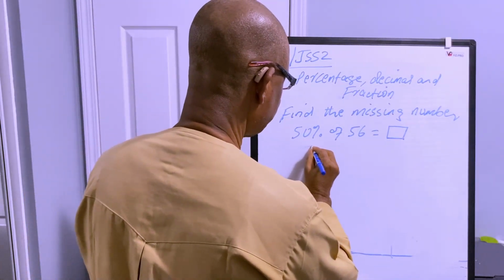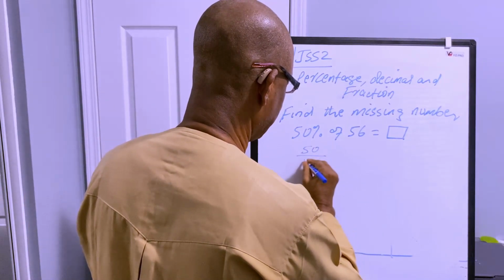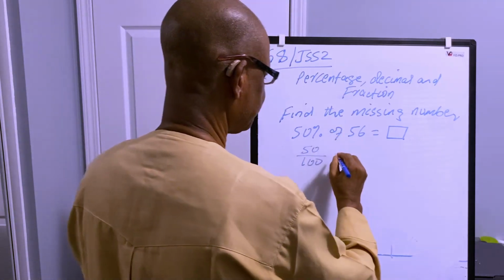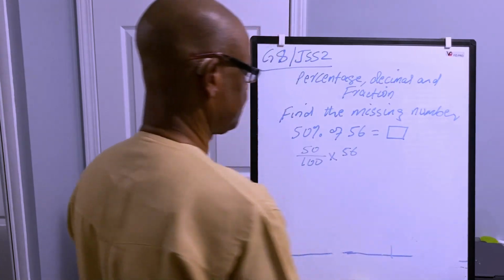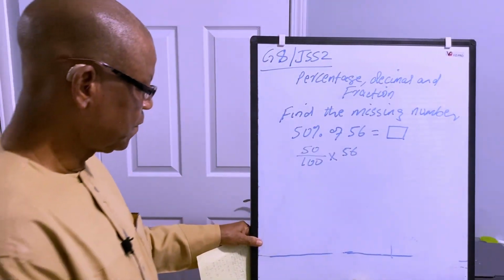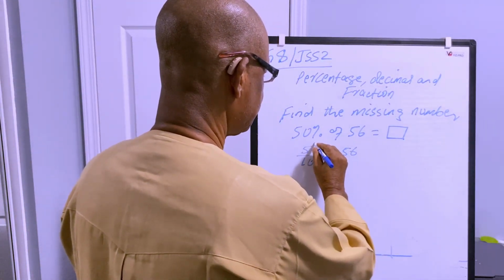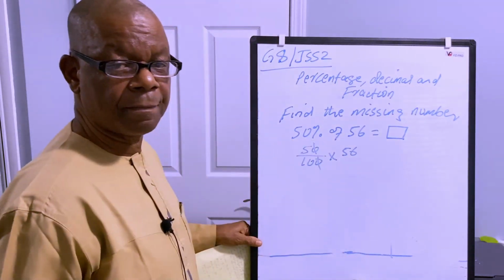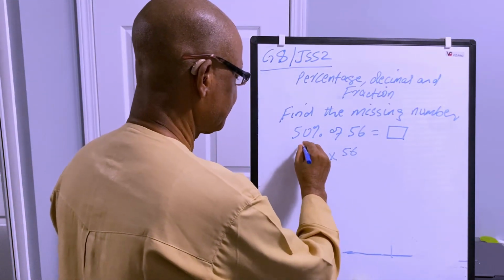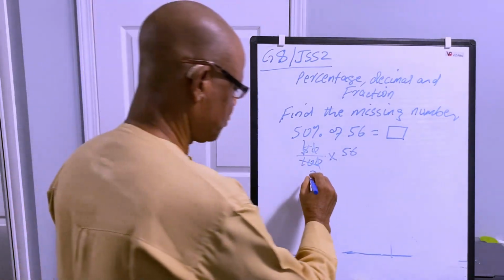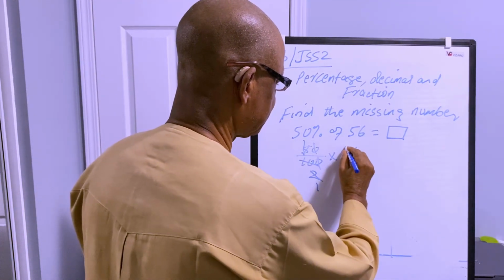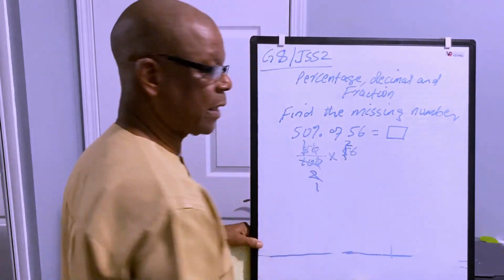We now say 50%, as I told you, is 50 over 100. Of is times 56. We simplify, 0 cancels 0. 5 here 1, 5 here 2. 2 divided by 2 is 1, 2 divided into 5 is 2, remainder 1.